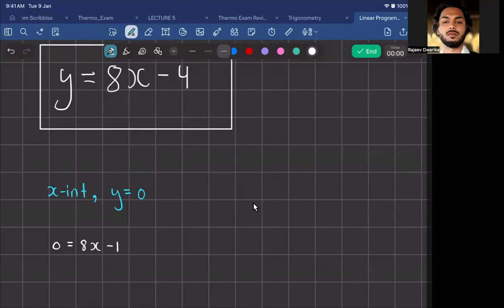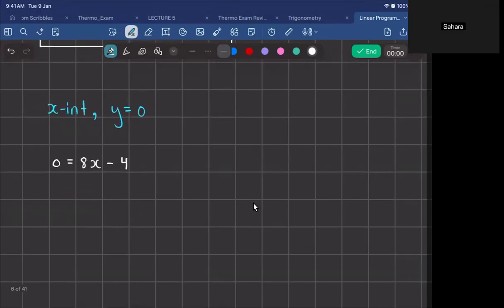I want you to think about what you're doing and see if it makes sense. Look at 8x minus 4 and see if it's making sense. If it's not making sense, don't continue. Whatever I do, it has to make sense. Sahara, what's the next step? You move everything on the left to the right. So you're moving this 0 to the right.